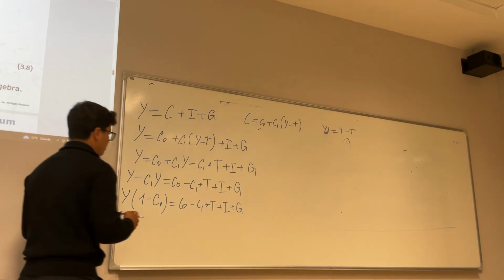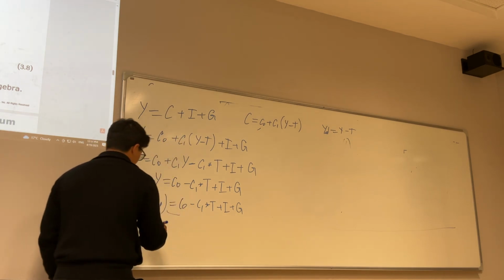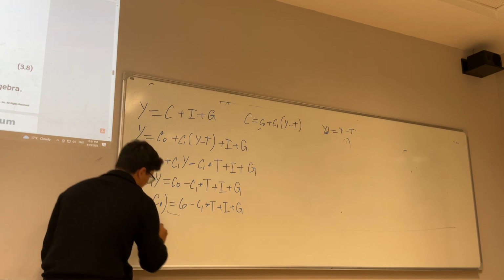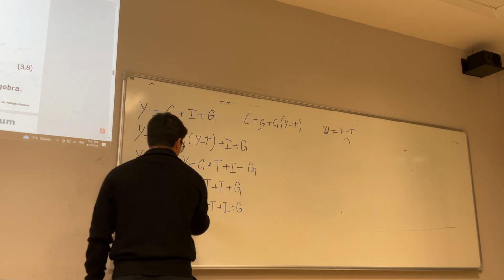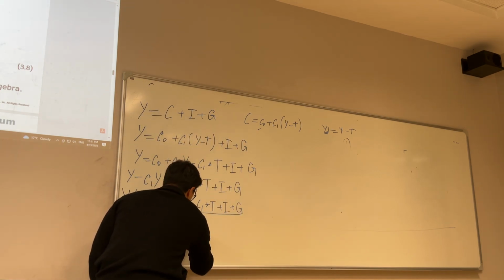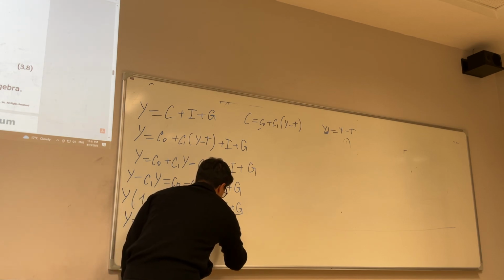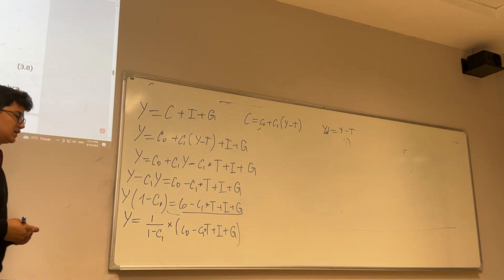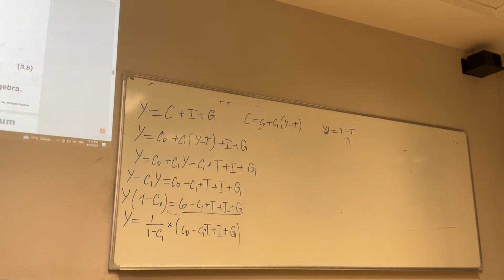If you divide like this, I can write Y equals 1 over (1 minus C1) multiplied by our autonomous spending. That's our multiplier and that's autonomous spending. That's how we are deriving it, step by step.